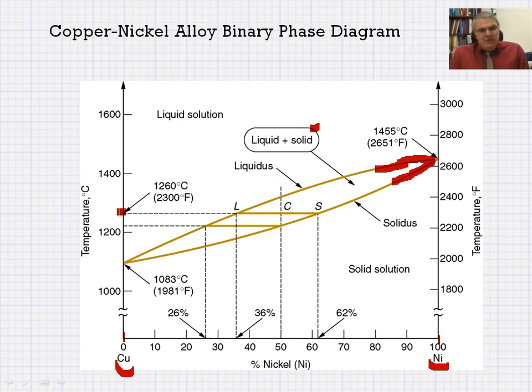So at this point, there's no solid in the alloy. It is completely liquid. And you mark that temperature and you measure that. Let's say it happened to be 1260. And then based on that, you want to know what would be the percent nickel in this particular alloy. So knowing that it is a copper-nickel alloy, that's how you refer to this phase diagram.